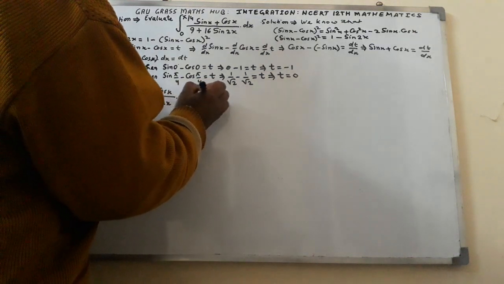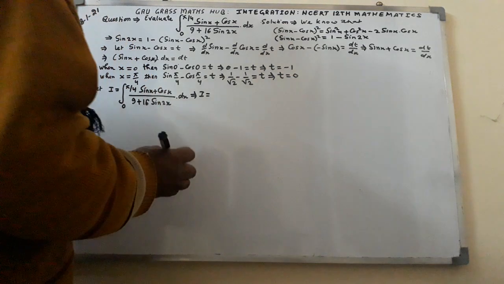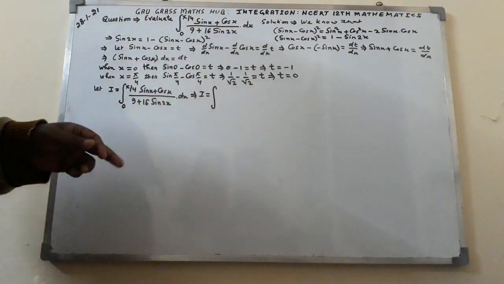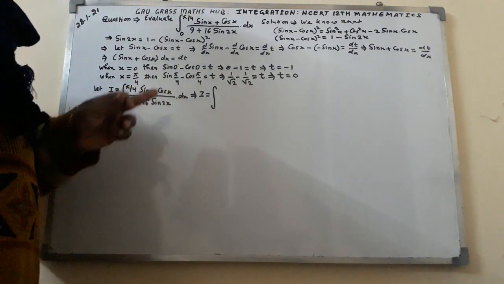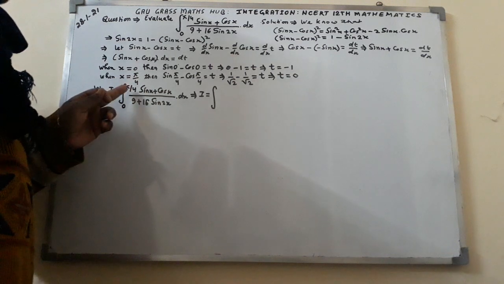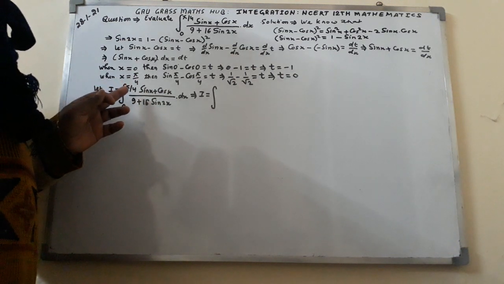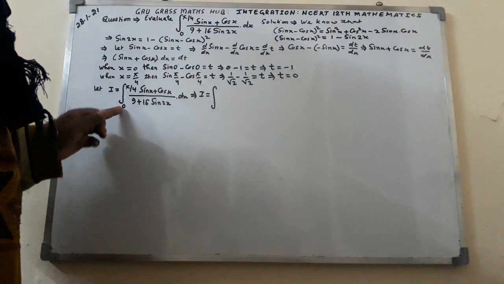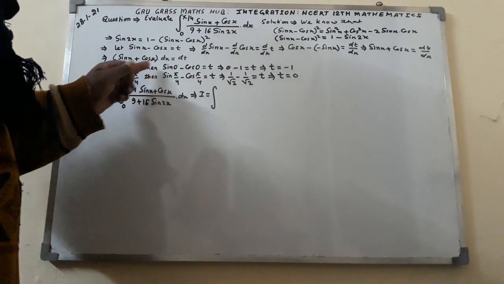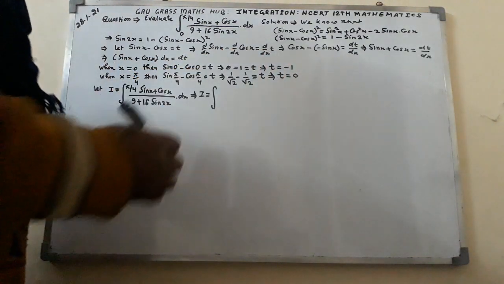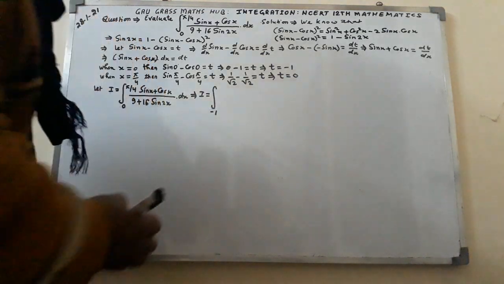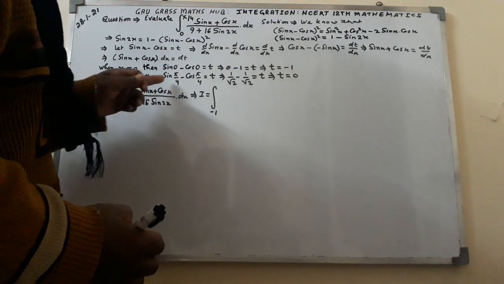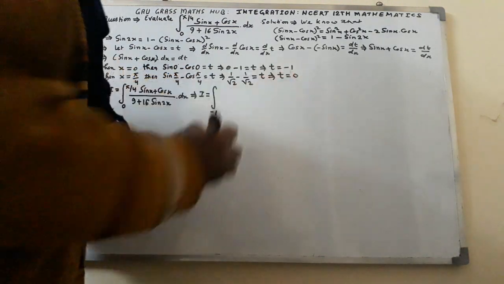Again I shall write, implies that I equal to integral, now the whole terms in dx, sin x, cos x, sin 2x, from 0 to pi by 4 will be written in terms of t. Here x equal to 0 in the sense of t equal to minus 1 you have got. So here the lower limit will be minus 1, and here x equal to pi by 4, in the sense of t, I shall write t equal to 0. So here write 0.